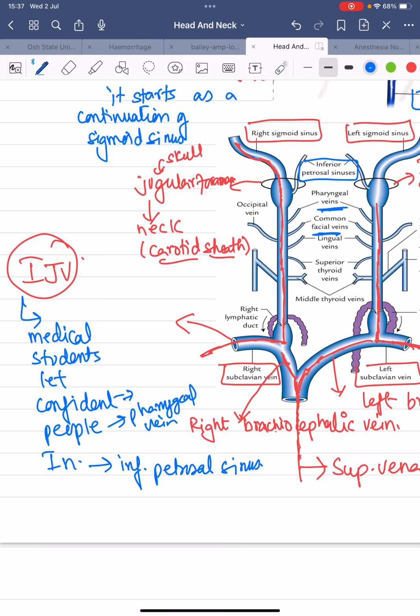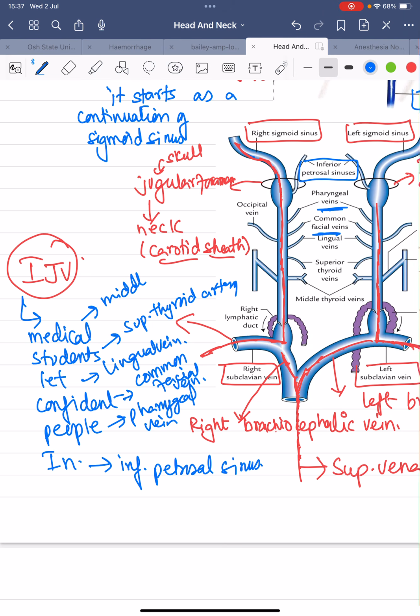Common facial vein. L is your lingual vein. S is your superior thyroid vein. M is your middle thyroid vein. Okay, so superior thyroid vein and middle thyroid vein, sorry.